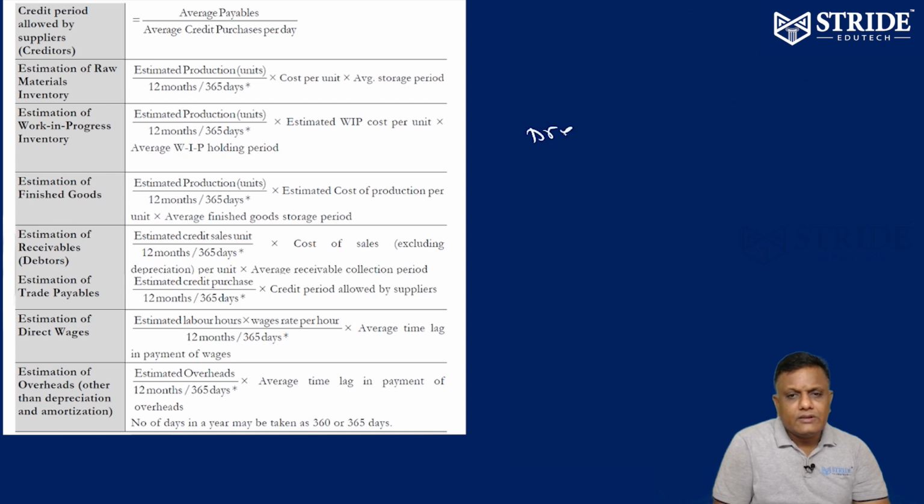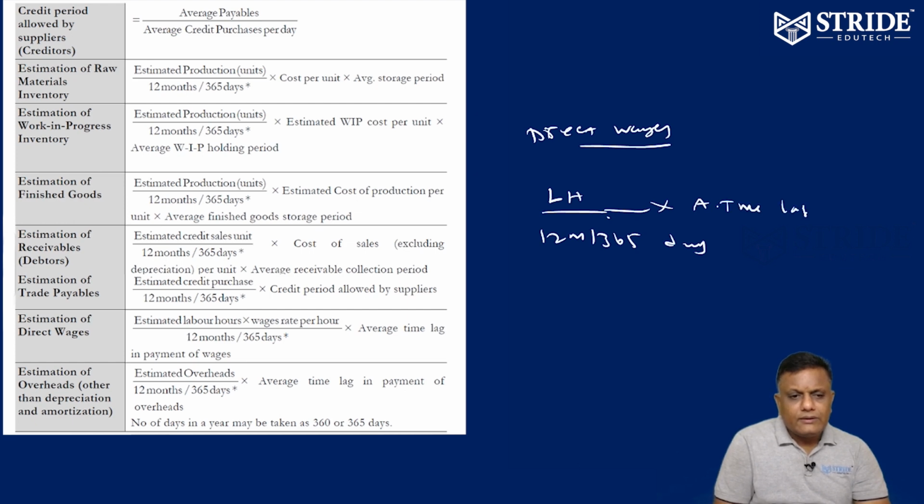Estimated direct wages is equivalent to labor hours by 12 months or 365 days, into average time lag in wages.